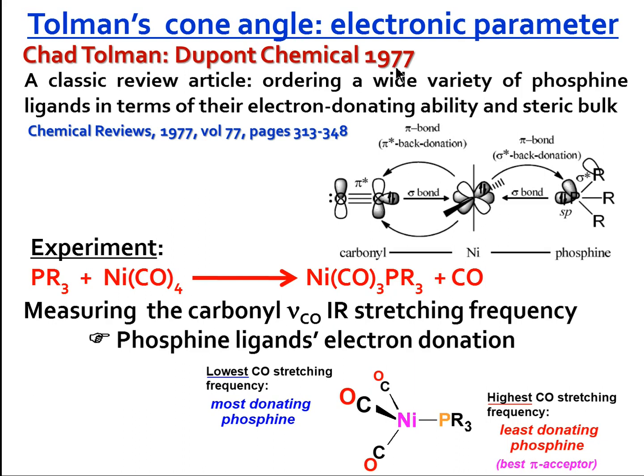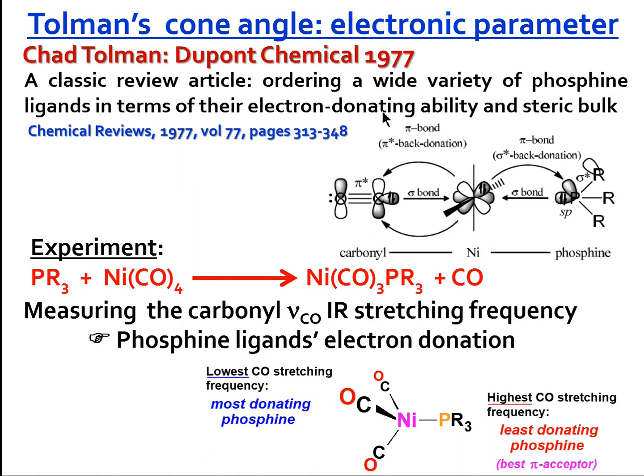In 1977, Chad Tolman, working for DuPont Chemical, did a classic review article. He studied a variety of phosphine ligands in terms of their electron donating ability and steric bulkiness.